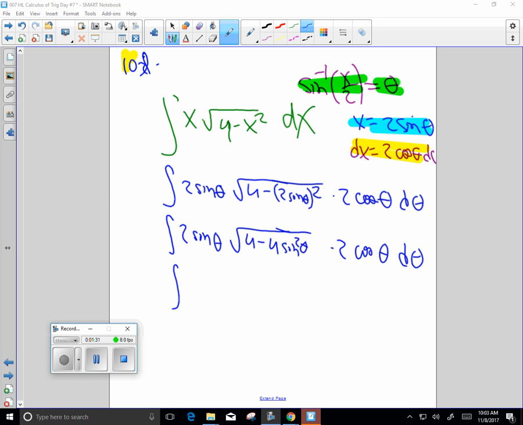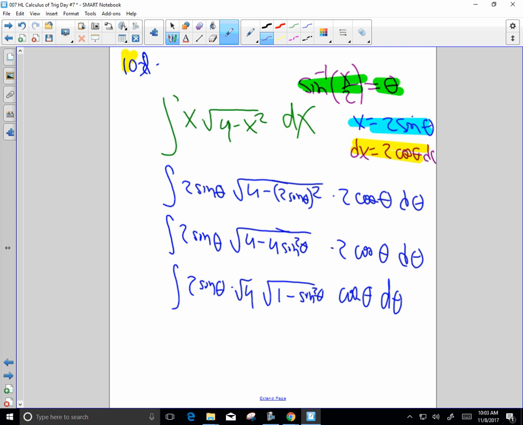And so I'm going to get 2 sine theta times the square root of 4 times the square root of 1 minus sine squared. Okay, now I can take out 2, 2, and 2, so there's where my 8 comes from.